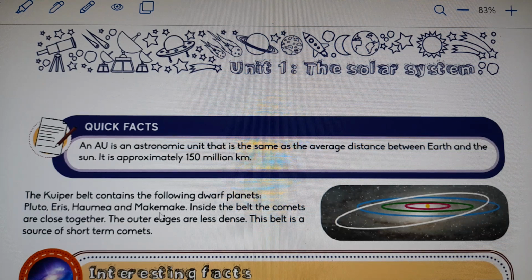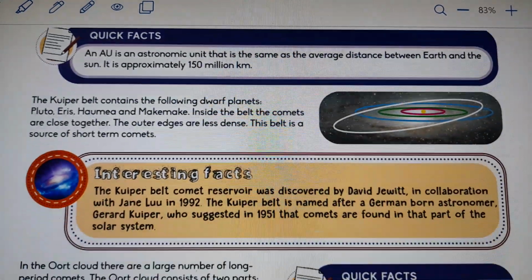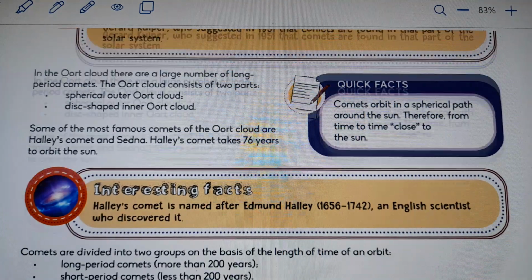Remember, we also have another dwarf planet, Ceres. Inside the belt, the comets are close together. The outer edges are less dense. This belt is a source of short-term comets. Okay, so we continue with comets.